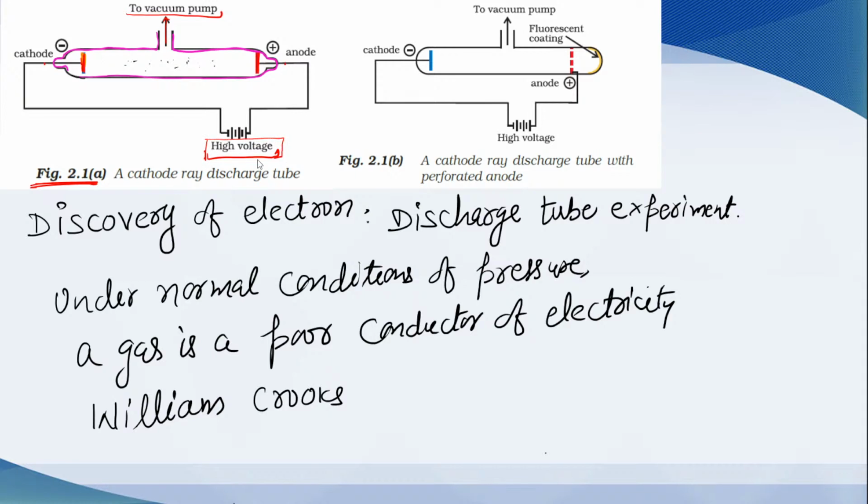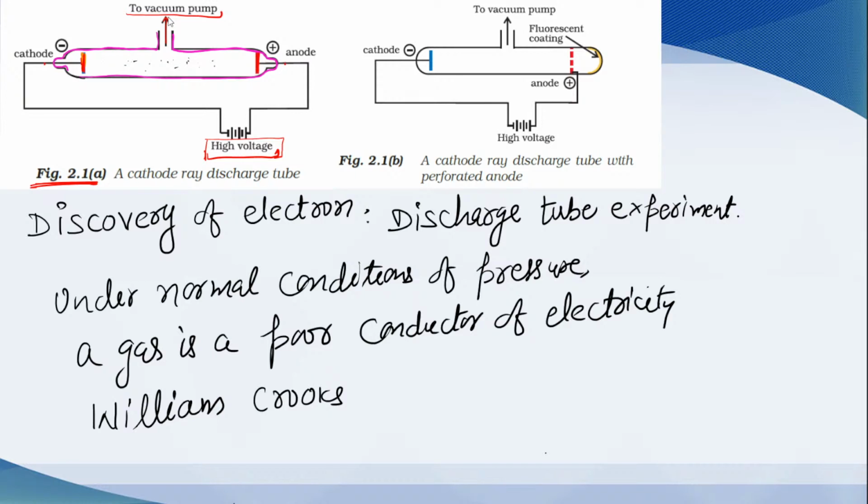The tube is connected to a vacuum pump, so that we can reduce the pressure inside it. The discharge tube is filled with a gas under study. That depends on us which gas we are taking inside the tube.